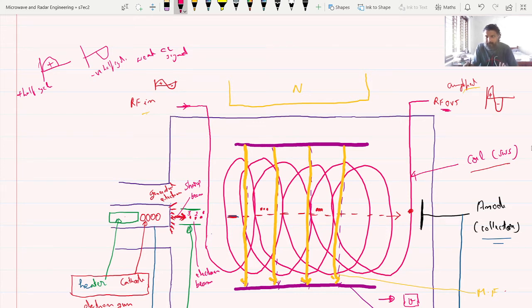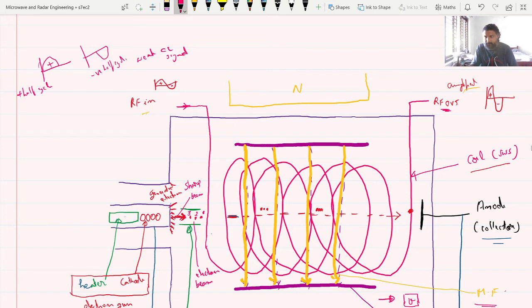There will be a magnetic acceleration happening to this electron, which I have indicated here. Why? Because we have kept a magnet with a north and south pole. That is the magnetic field I indicated here.